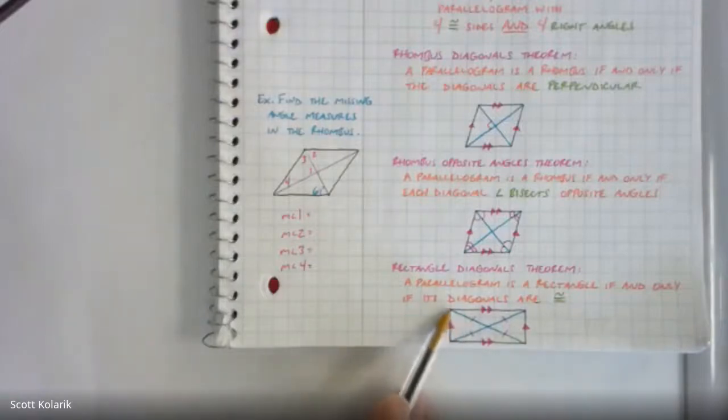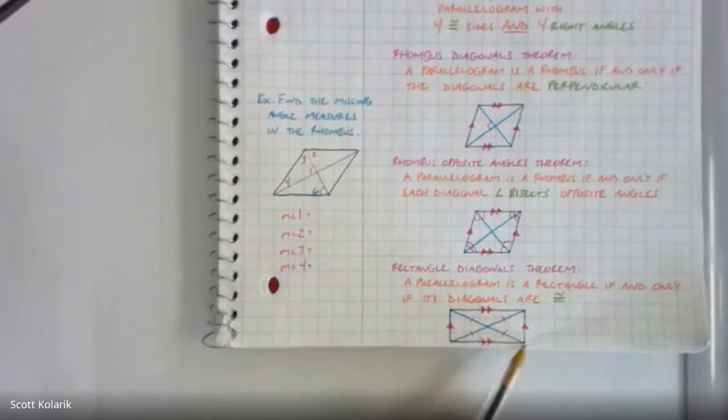So for instance, if I were to take out a ruler and measure from this top left corner down to this bottom right corner, and it came out with, say, 7.5 inches, then if this diagonal was 7.5 inches, this diagonal would also have to be 7.5 inches.